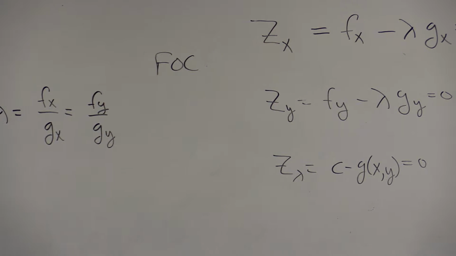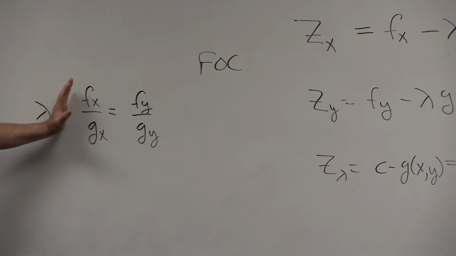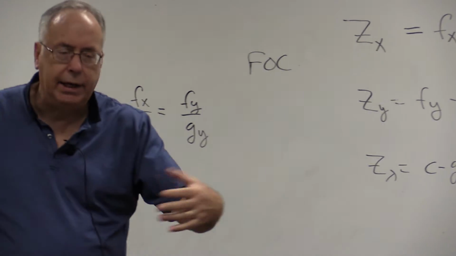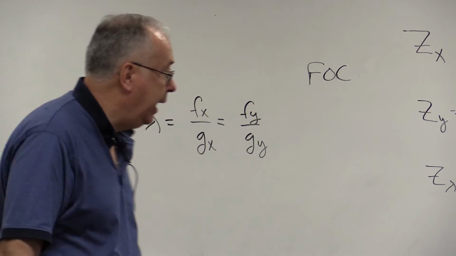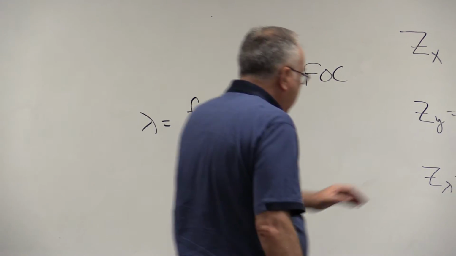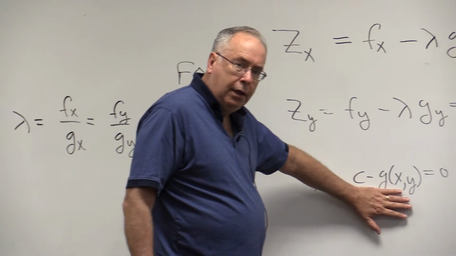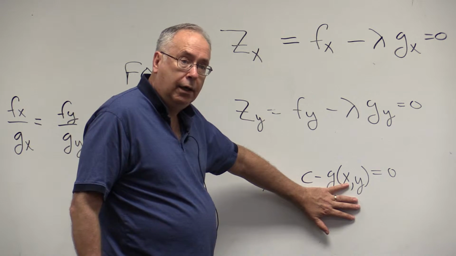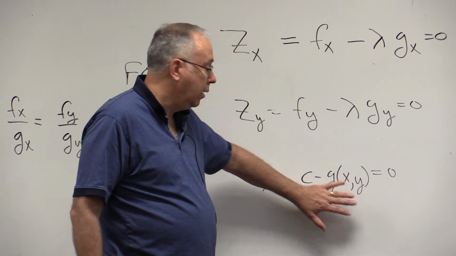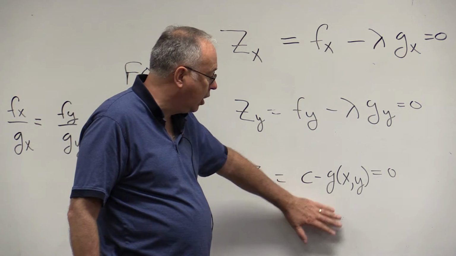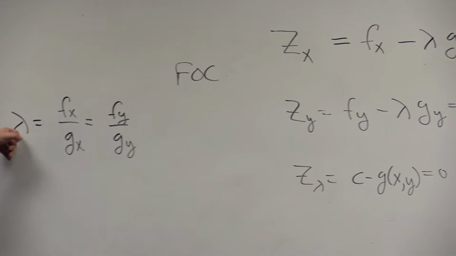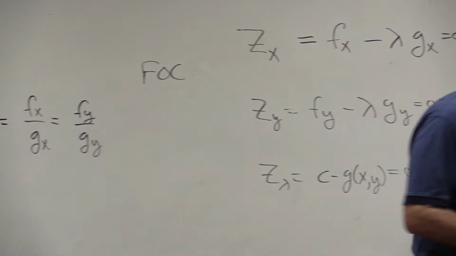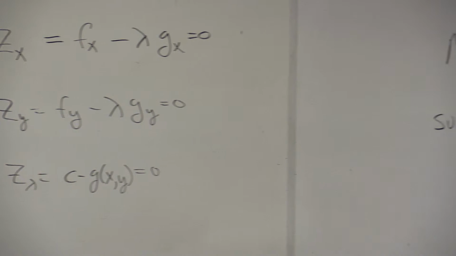Now, generally, when you solve this equation right here, you will get some relationship between x and y. Say y is equal to 2x, for example. Then you use that information and you go back to this equation, and that will generally allow you to solve for x and y and lambda. Or at least from this one you'll get values for x star, y star, and then you go back to here and you solve for lambda. But those are, Jacob, the first order conditions.